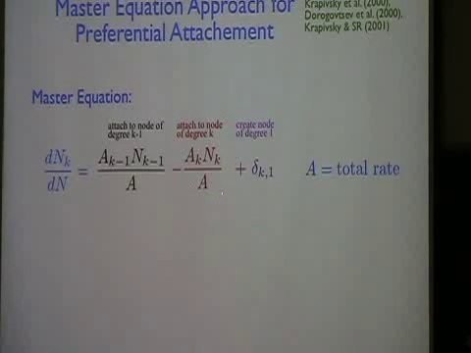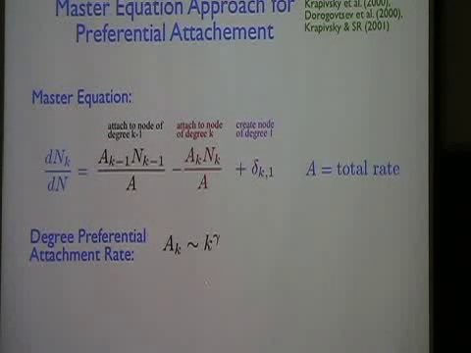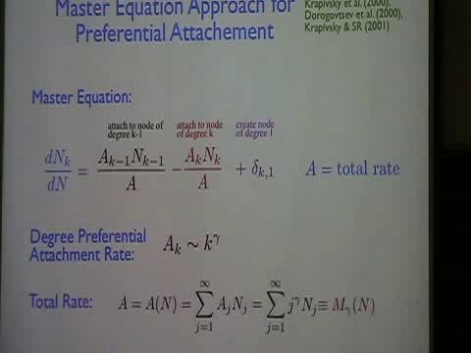Similarly, this factor is the probability that I attach to a node of degree k, and then the delta function for creating a node of degree 1. And let's now consider fairly general types of growth rates. I'll consider power law preferential attachment, where this gamma will be any number.